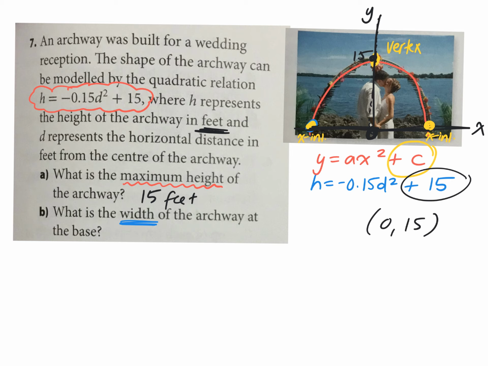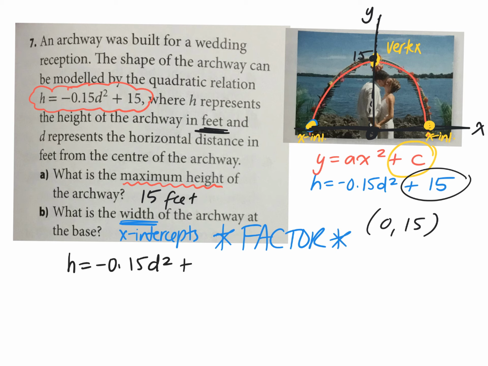If I know the two x-intercepts, can I figure out the width? The total distance across the archway. How do we find x-intercepts? What do we have to do? Starts with an F. We just did it. Factor.